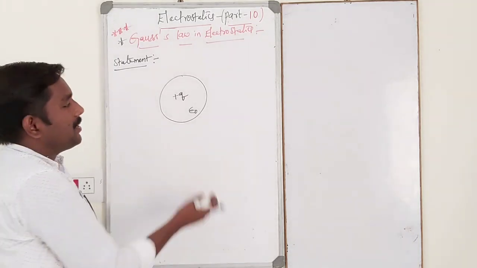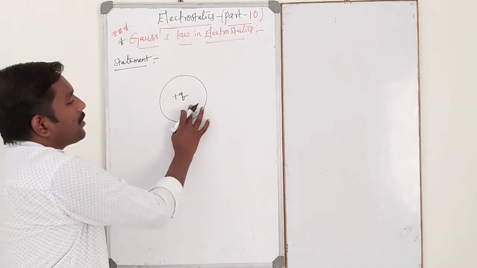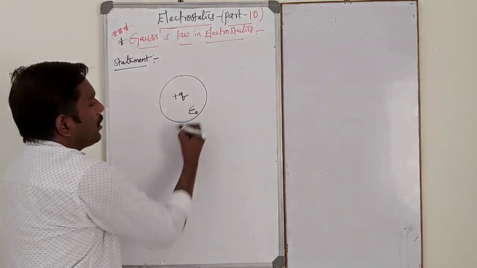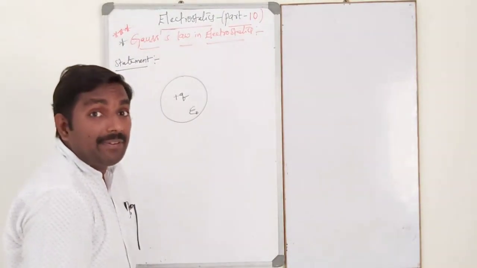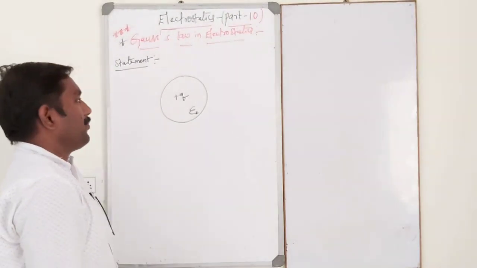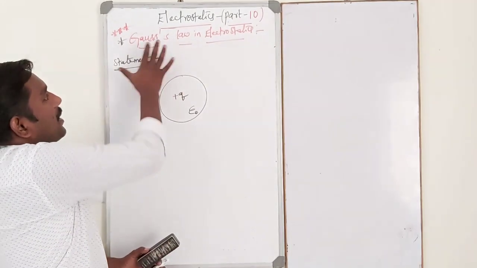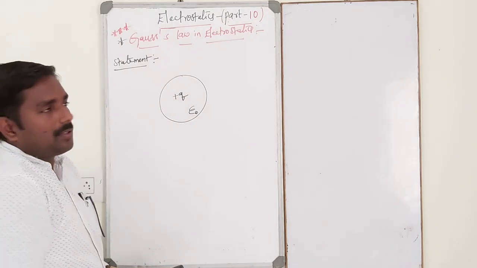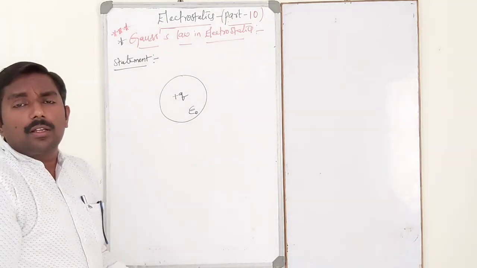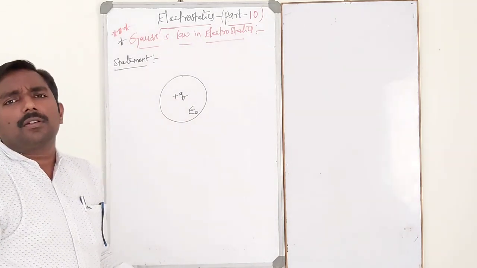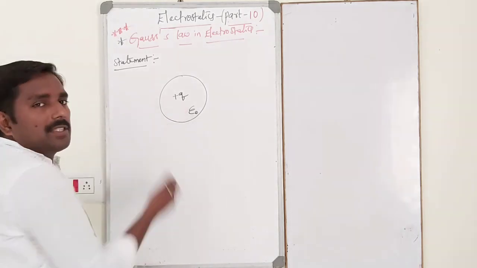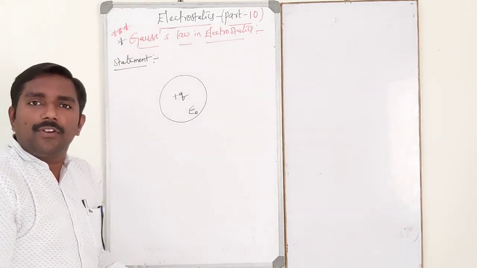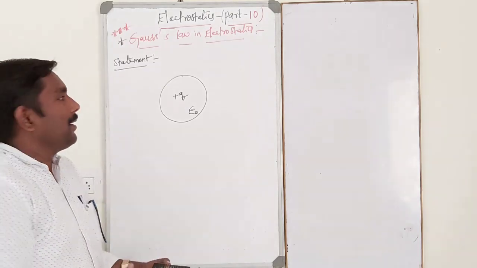Air is the medium. Epsilon naught is the permittivity of free space or vacuum. Charge is there, so flux is there. If there is no charge, there is no flux. Charge is there, electric field is there, electric flux is there.